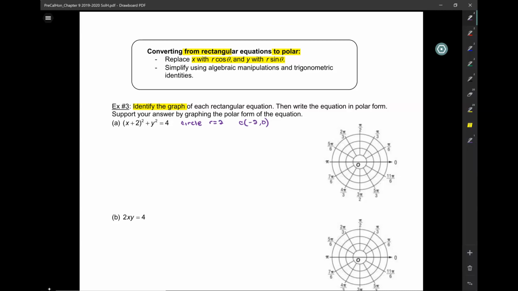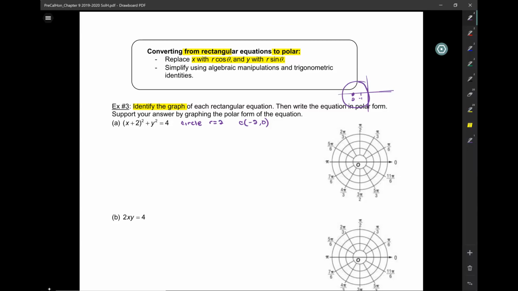I'm just telling you based on what we see here, what we can predict. So basically, on the x and y coordinate plane, if you go to -2, 0, this is a circle with radius 2 and centered here. So that's pretty much how it looks. Okay? All right, well, let's see what the polar equation is going to look like.